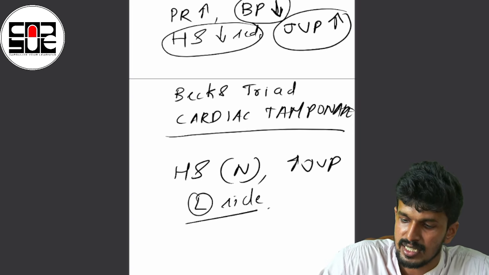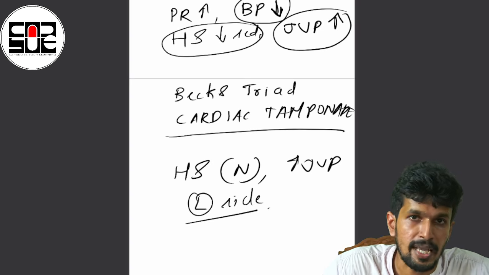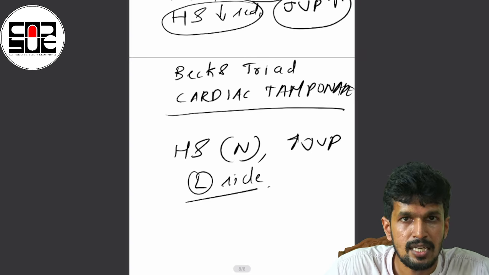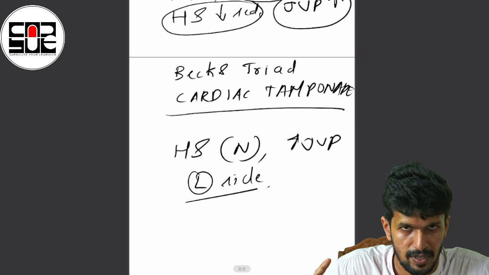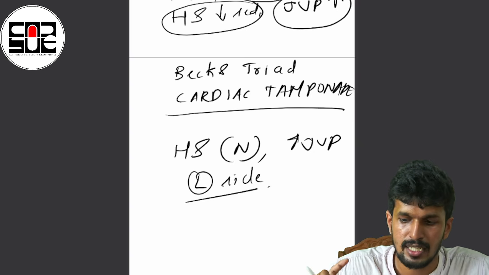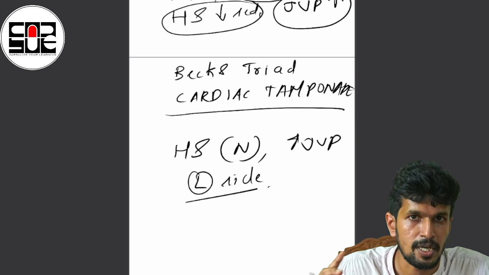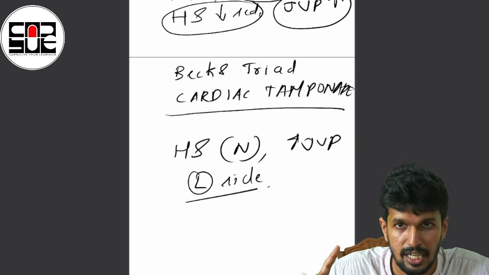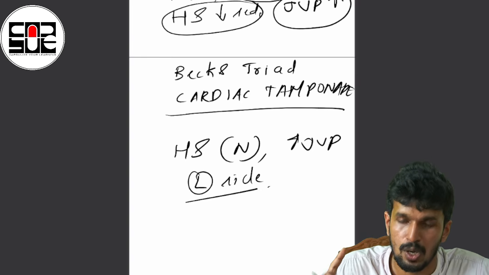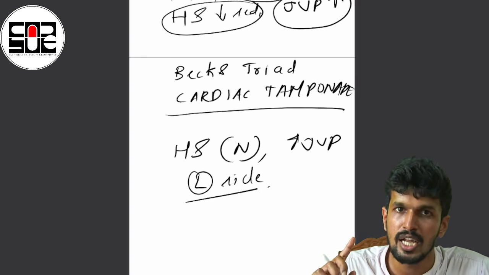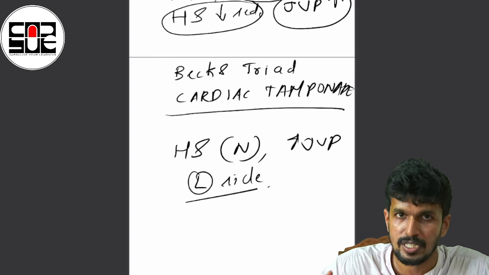These criteria do not meet Beck's triad; rather it is a case of tension pneumothorax, where air entry is decreased on a particular side of the chest, which needs to be intervened by emergency thoracostomy, or else the patient will also go into death. This is also a case of obstructive shock.